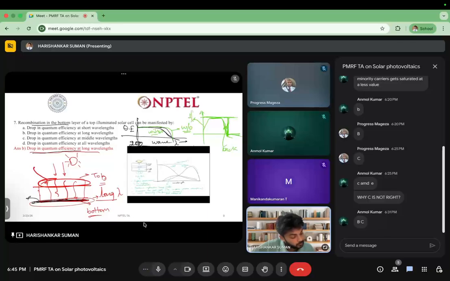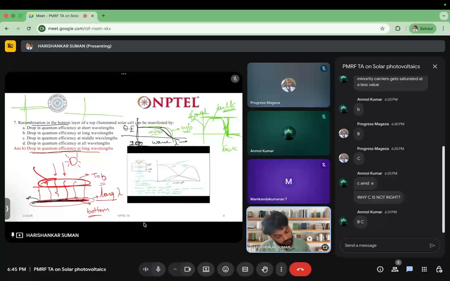So for a drop in quantum efficiency, the question can also be asked with a graph.